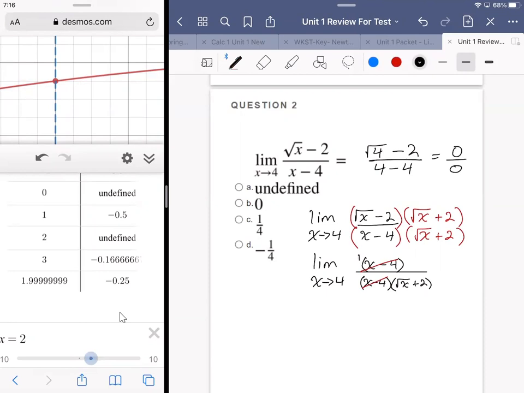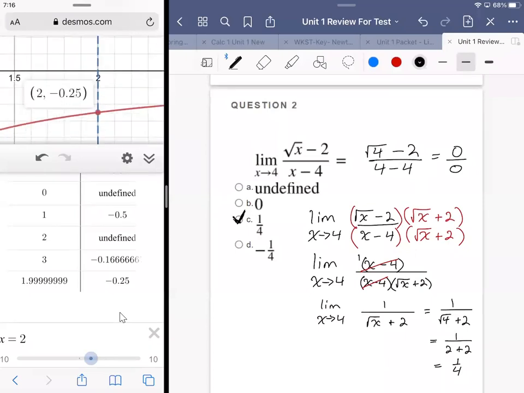The numerator cancels, leaving 1 over the root of x plus 2. So 1 over the root of 4 plus 2, so 1 over 2 plus 2, also known as 1/4.